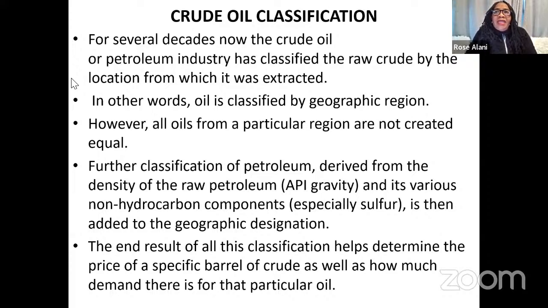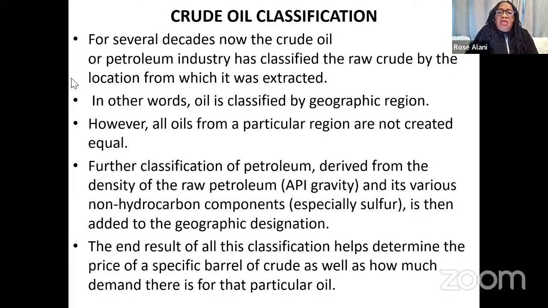That is really limiting the information about the crude oil, because the crude oil does not really depend on the location, but on the composition.